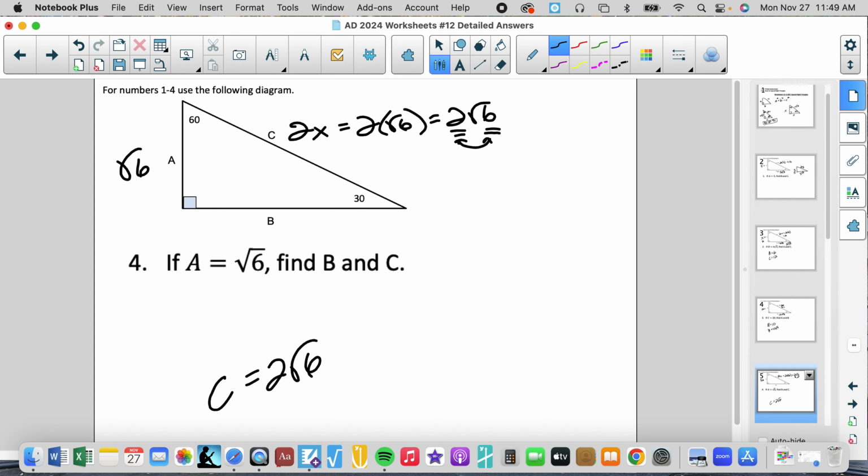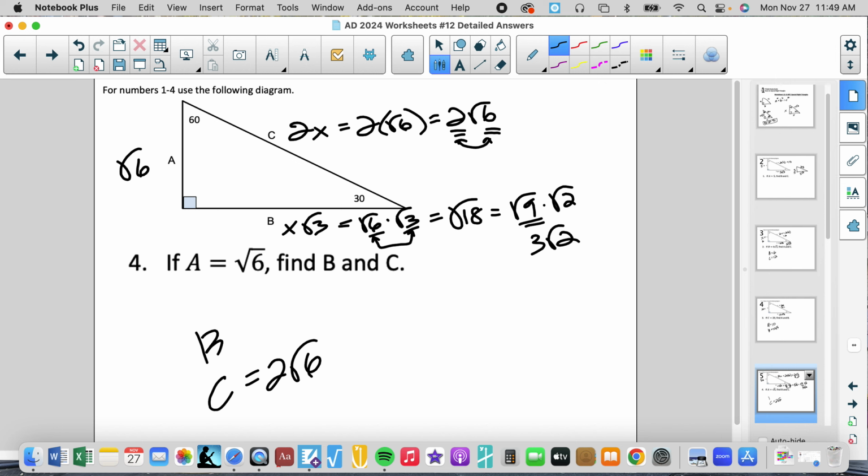And B is going to be x rad 3, so x is rad 6 times rad 3. This time we can multiply, because they're both inside the house. Now we need to simplify that, because we can break it down to rad 9 rad 2, and rad 9 is a perfect square. So we get 3 rad 2 for B.